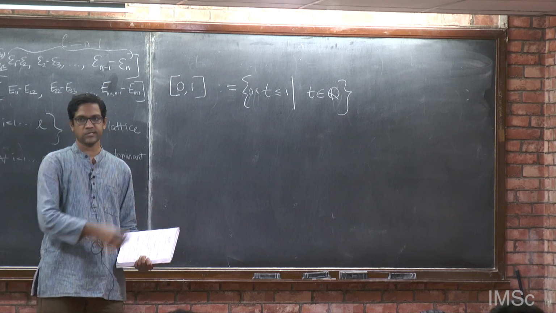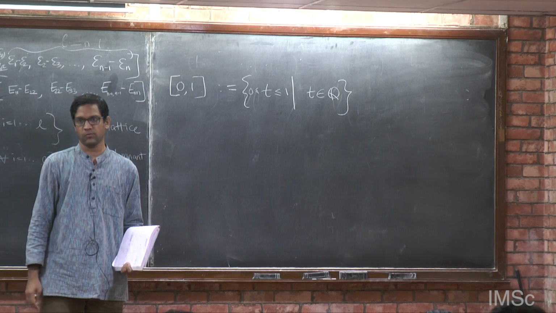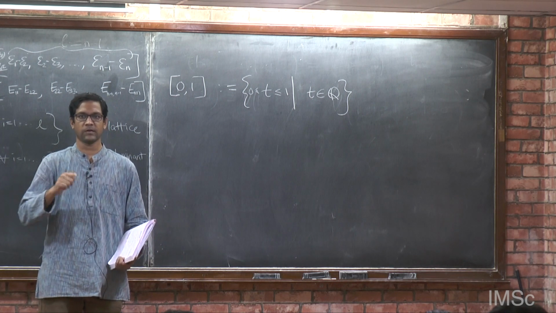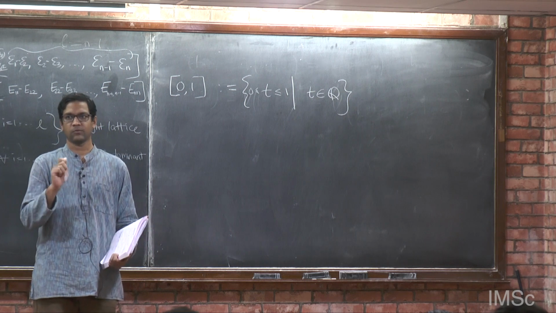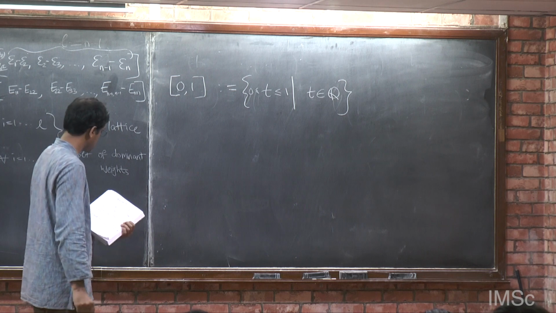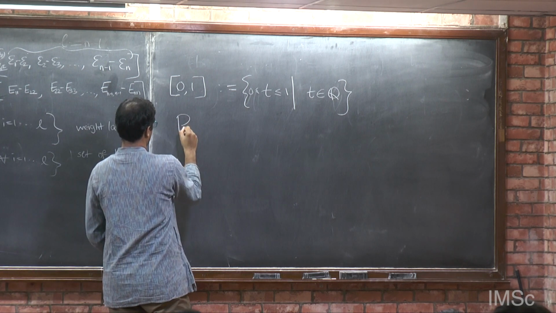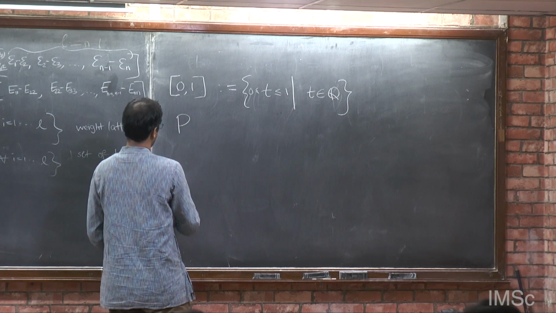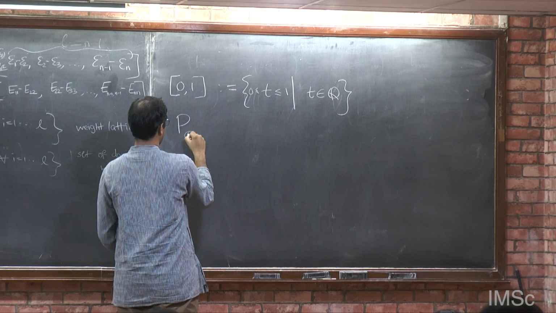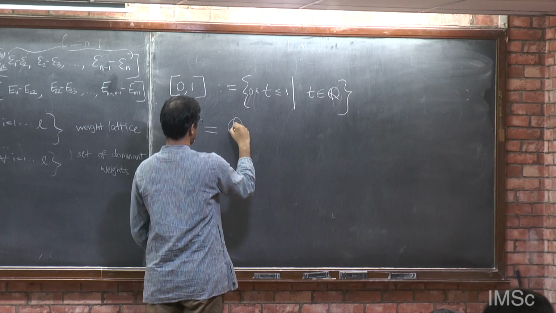So I'm redefining this symbol: [0,1] for us will always mean the set of rational numbers inside [0,1], because everything we talk about really will require rationality in some sense. It's most convenient to just redefine it in this way. And let me take P, the weight lattice here, and define P_Q. This is again the rational version. It's just the Q-span of P.